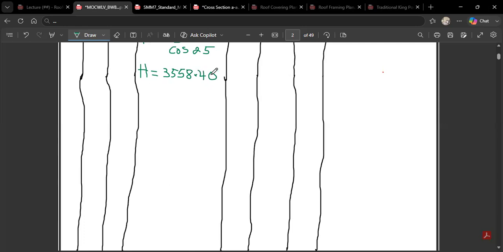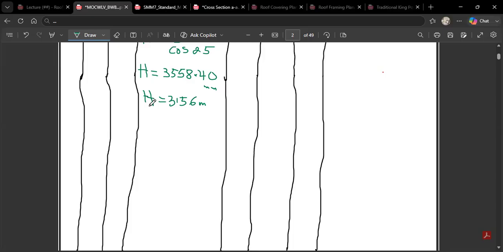So this over here is in millimeters. If you want to write it in meters, then your H is just going to be 3.56 meters, as you are seeing over here. Very good.